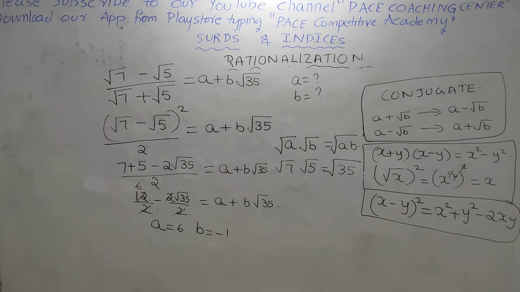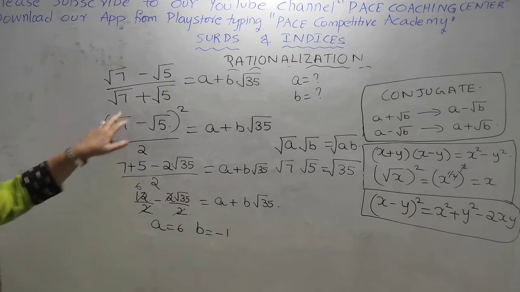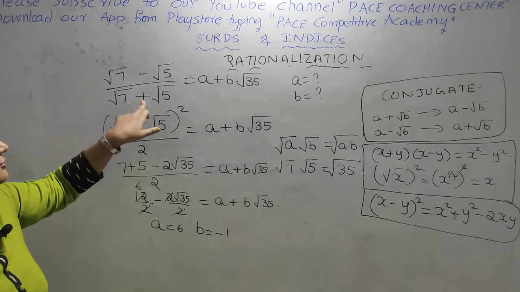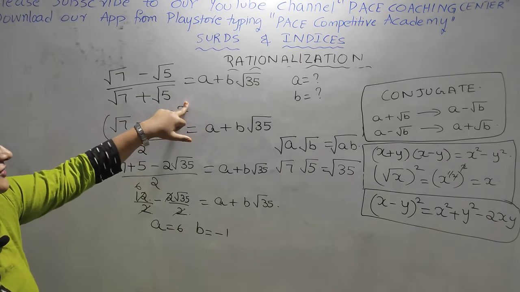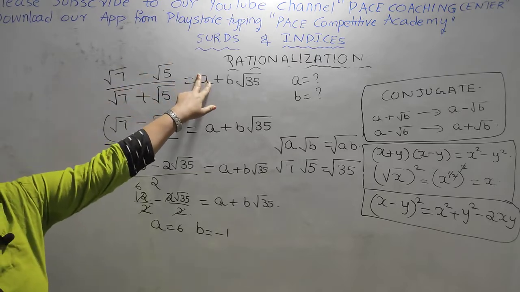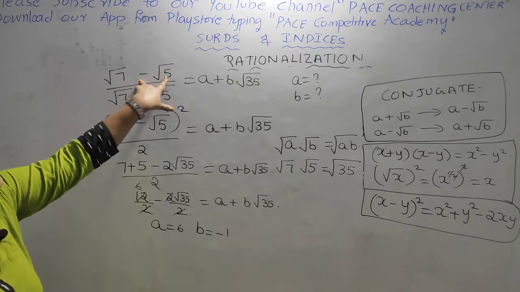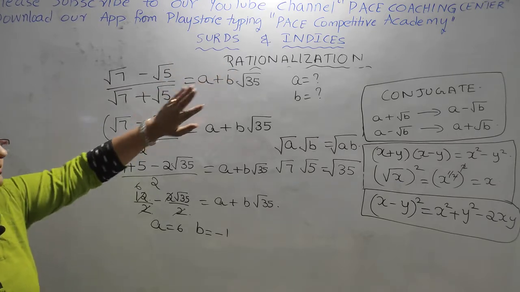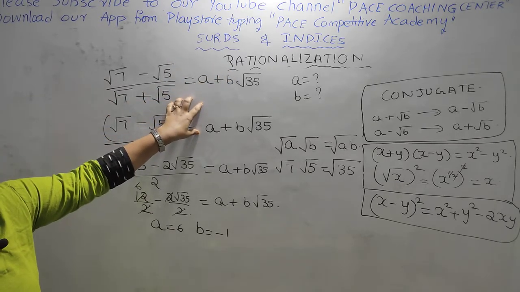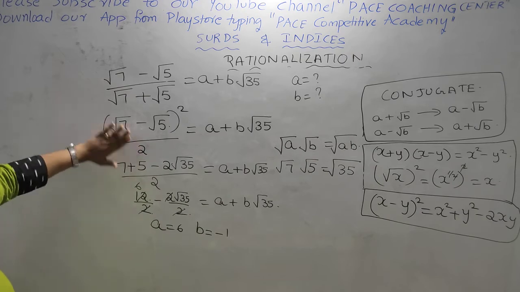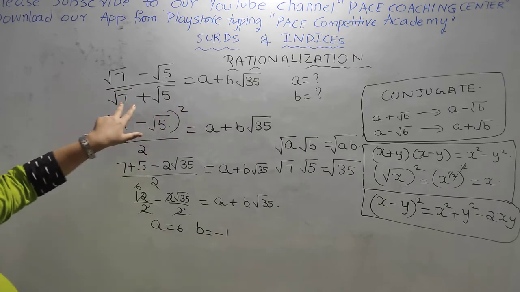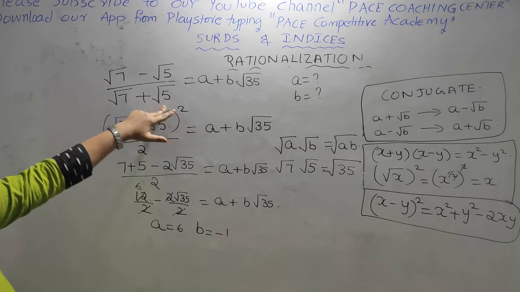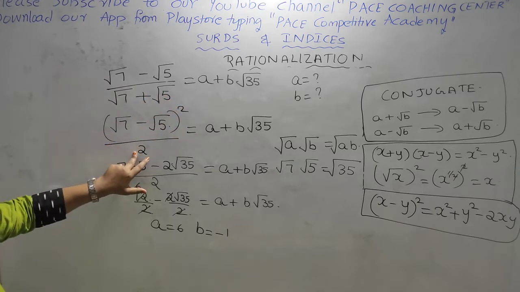Let me explain again. The conjugate of root 7 plus root 5 is root 7 minus root 5. You already have root 7 minus root 5, so root 7 minus root 5 into root 7 minus root 5 is root 7 minus root 5 whole square, divided by again a square minus b square, which is 7 minus 5 is 2.